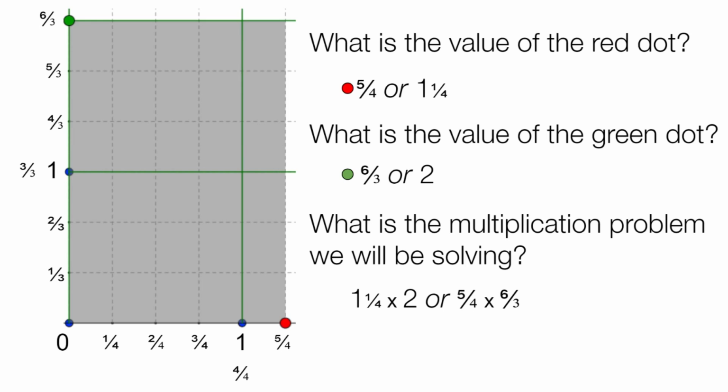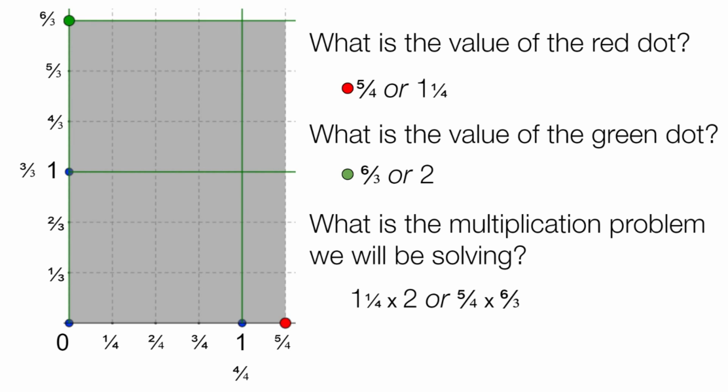Both of those are fractions that are bigger than 1 whole. So as mixed numbers, we could say it's 1 and 1/4 times 2 wholes. If we rename those, we can also say it's the same as 5/4 times 6/3. And that's what we're going to figure out in this example.